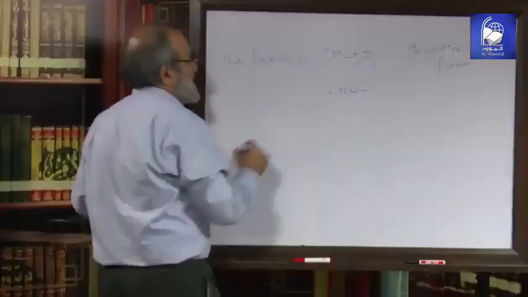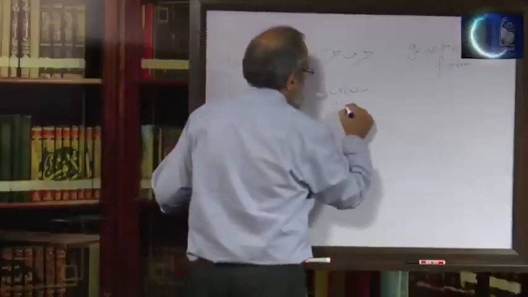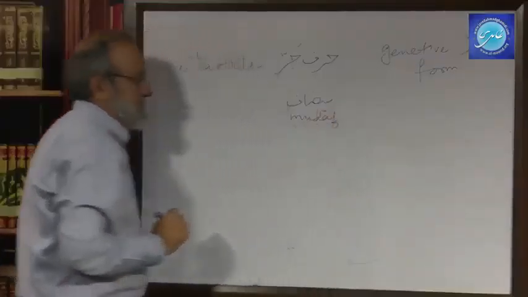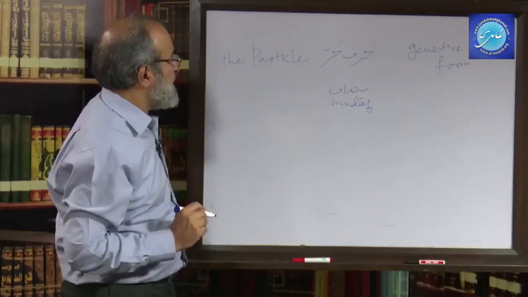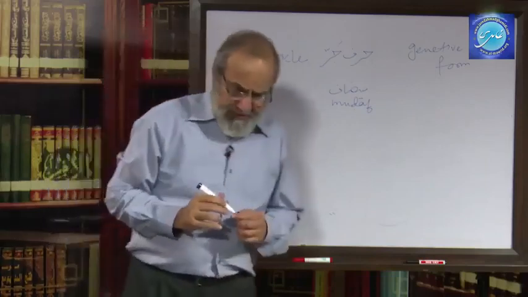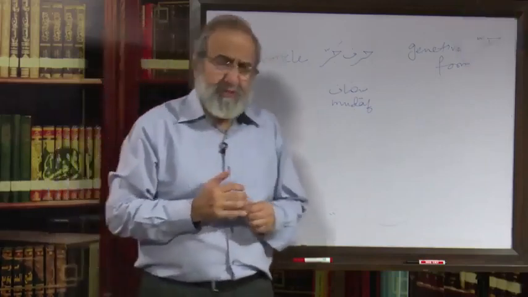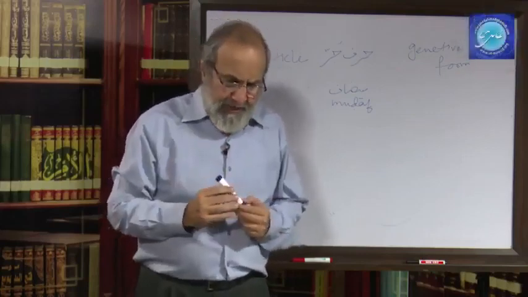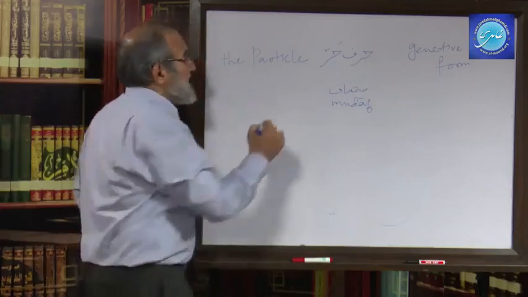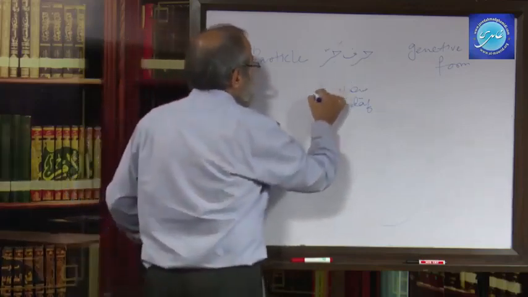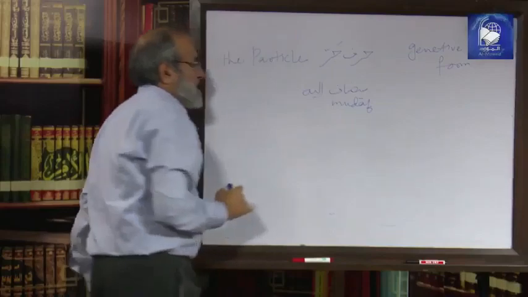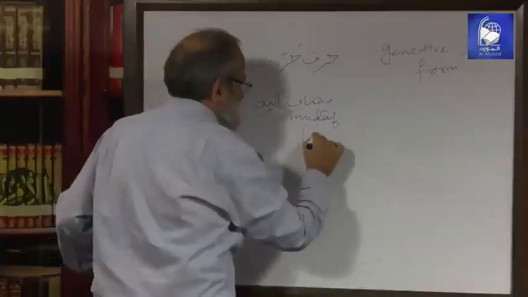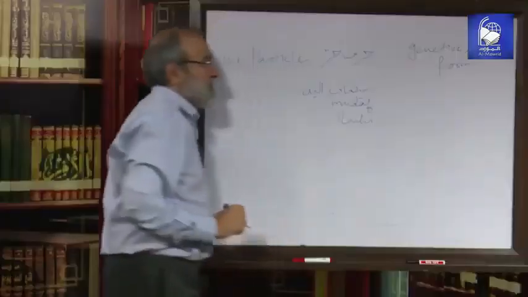mudaf ilayh, which if we write in the transliteration form, it would appear like this, because D with a dot beneath it is actually dhad. Mudaf ilayh, pardon me, mudaf ilayh is what takes this genitive form.